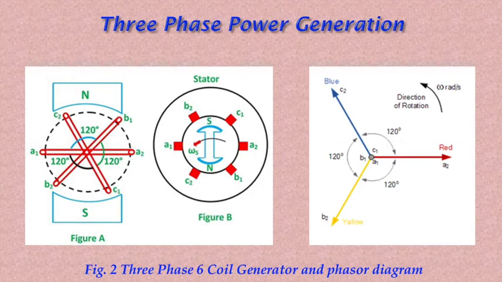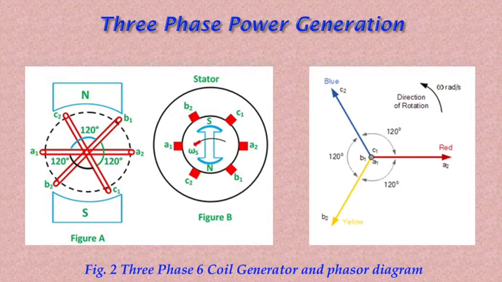Three-phase power generation. A balanced three-phase system is one in which there are three equal voltages of the same frequency, displaced equally in time phase, which supply power to loads connected to the lines. In general, in a three-phase balanced system, there are three equal voltages displaced in time phase by 120 degrees.